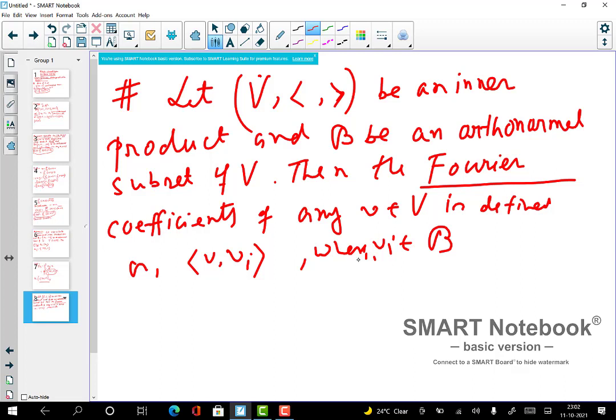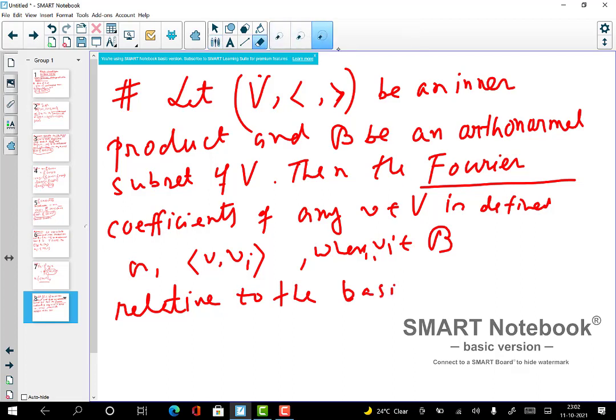So this is called Fourier coefficients with respect to the basis, or relative to the basis. So how do I write? Rather, I should not say basis.